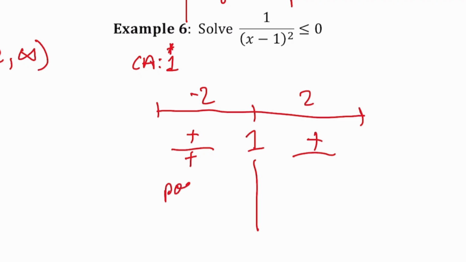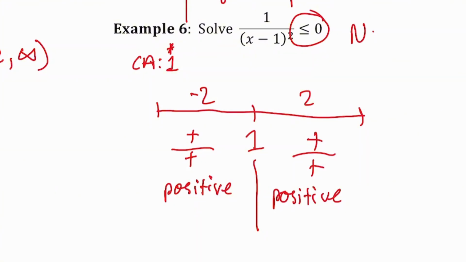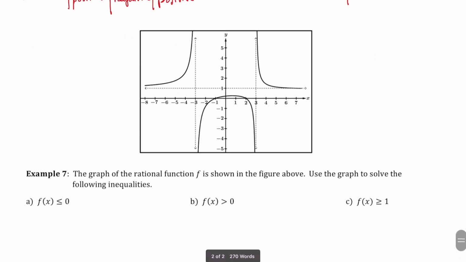So that gives us a positive. And then square, that's positive again. That's also going to give us a positive. Then looking at what we're solving for, less than or equal to 0, they're both positive. None of them are negative, so this one's going to be no solution, or none.